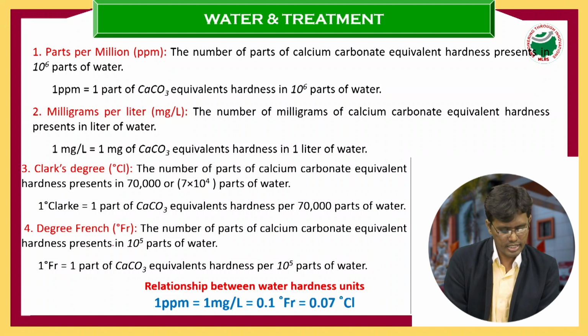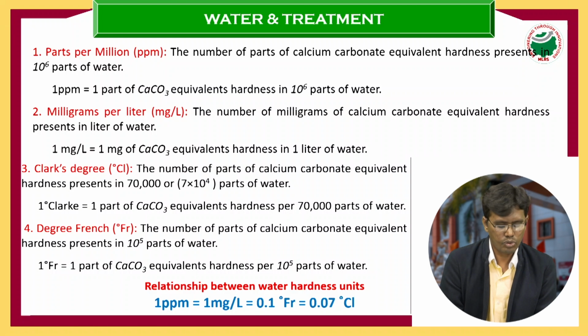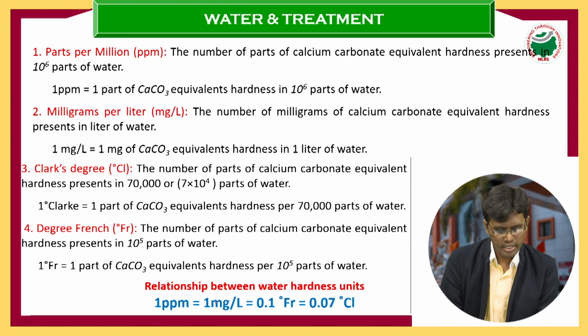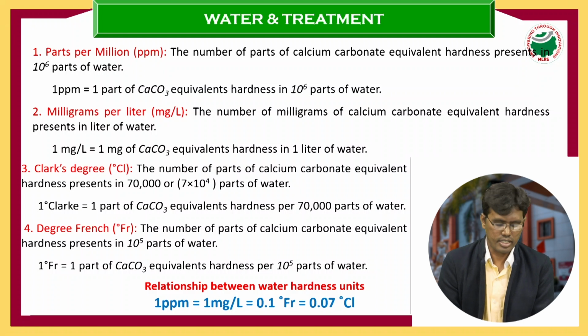Again, similarly, degree of French: 1 degree of French equals 1 part of calcium carbonate equivalent to 10 to the power of 5 parts of water. Here I incorporated the relation between units of hardness. 1 ppm equals 1 milligram per liter equals 0.1 degree of French equals 0.07 degrees of Clark.